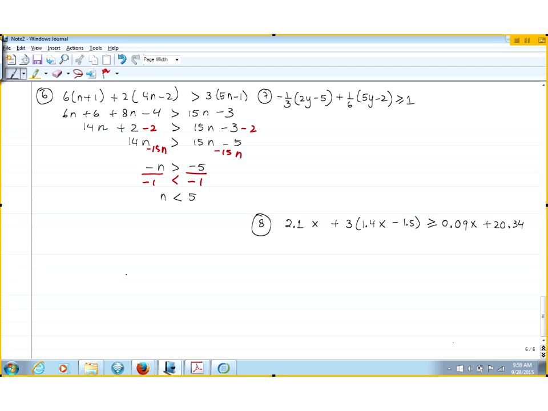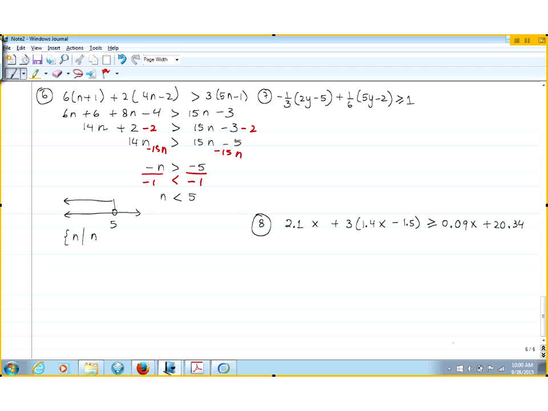Alright, now let's write down the set builder. N such that n is less than 5. And the interval notation. Sorry, we haven't graphed, right? So it's easier if we graph. 5. Open or closed? Open. And the arrow will point to the left.